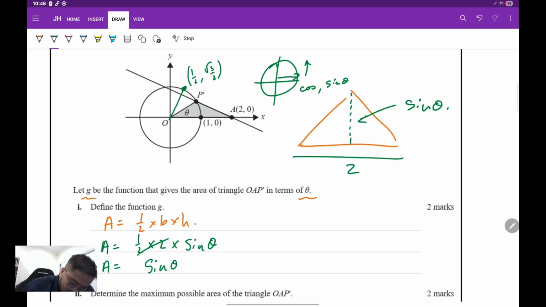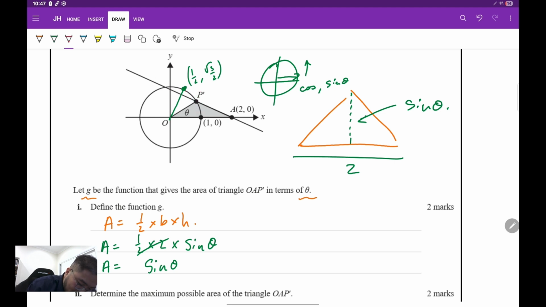Now we need to be very careful with this one, and consider what values of theta we can use. Obviously, with theta, we can't go for 0 to 2 pi. The theta can't be a whole revolution. In fact, we can't even go past pi on 2, because it becomes negligible in that way. And we want to make sure this tangent point always remains in this arc right here.